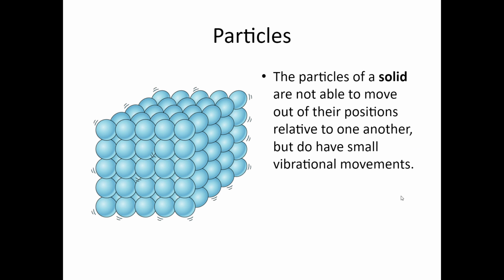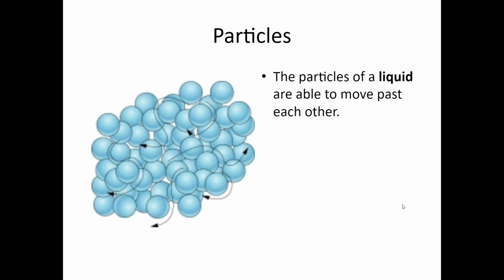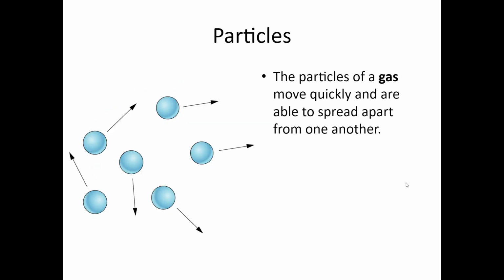The particles of a solid are not able to move out of their positions relative to one another, but do have small vibrational movements. The particles of a liquid are able to move past each other. The particles of a gas move quickly and are able to spread apart from one another.